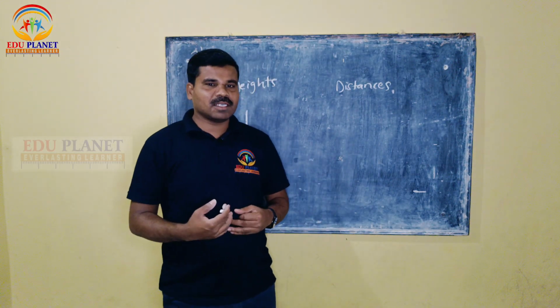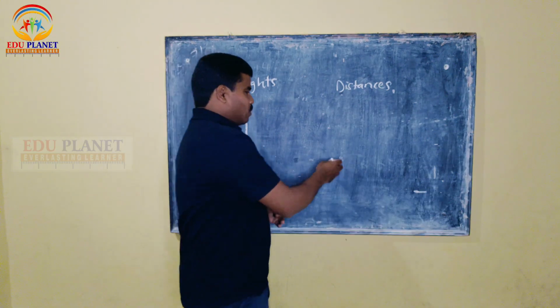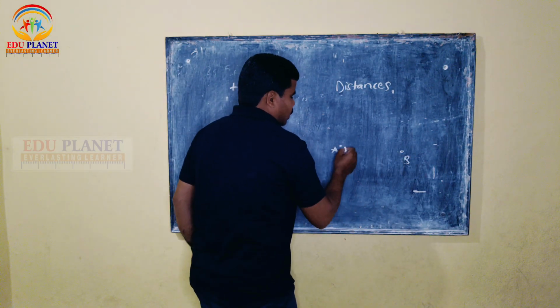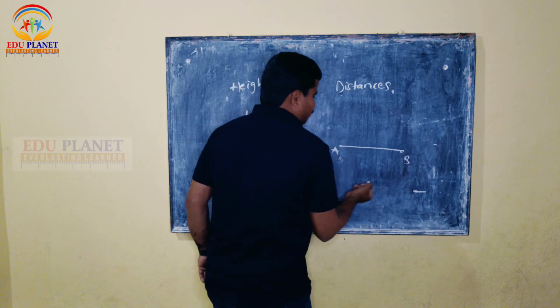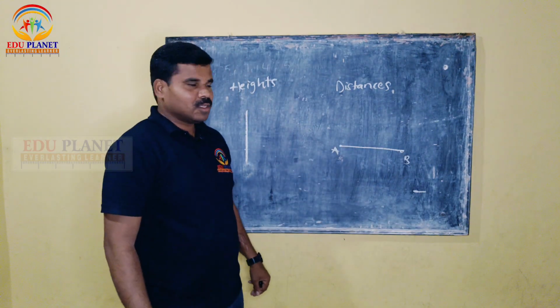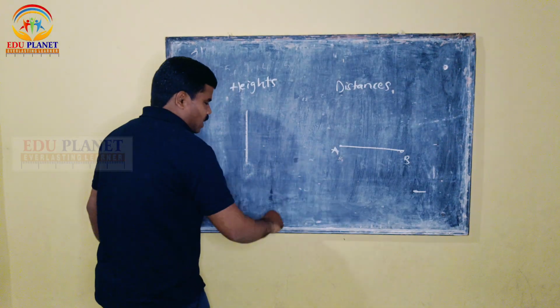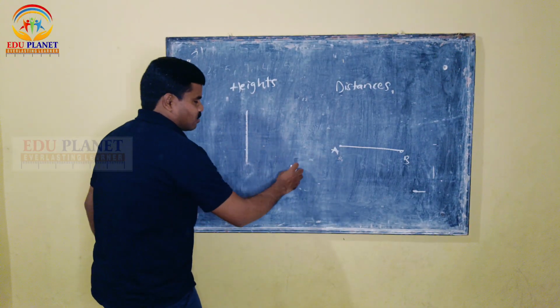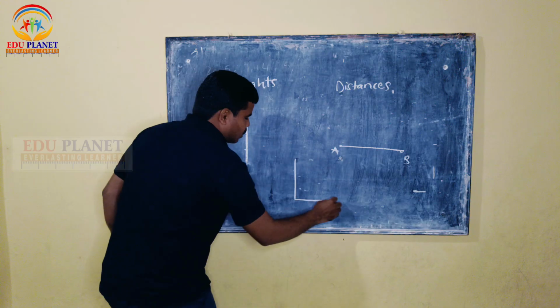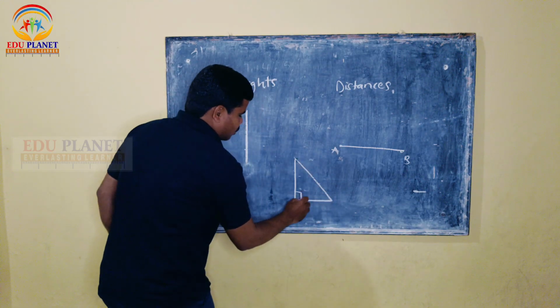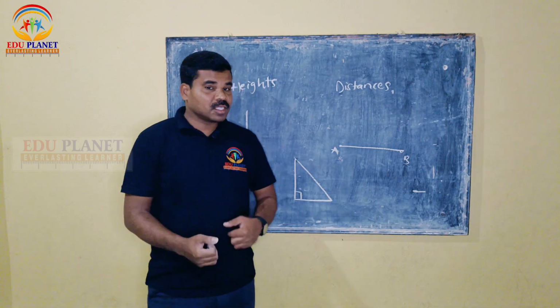Suppose the distance between a particular point A and another point B. The distance between points A and B represents a horizontal line, right? Now just imagine a right triangle. A right triangle is built with these two sides, the vertical line and the horizontal line. If you join them, you will get the hypotenuse.